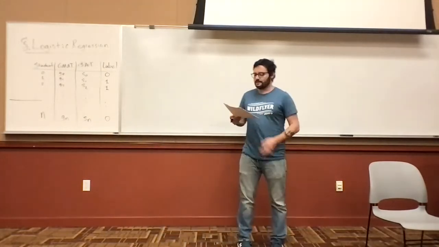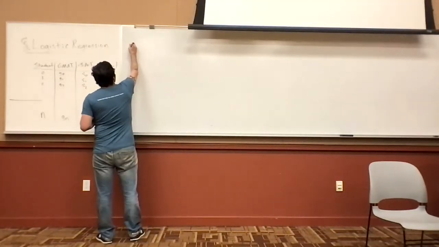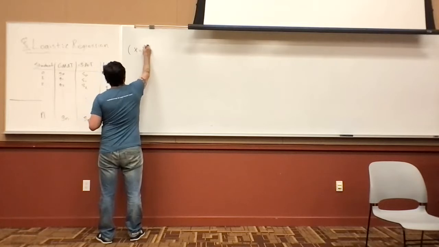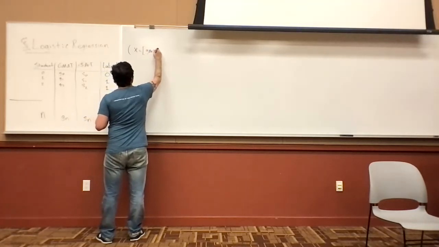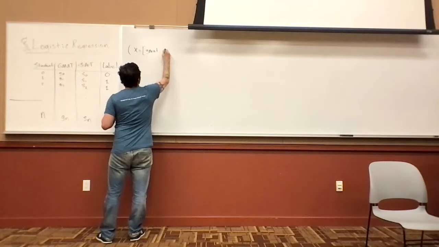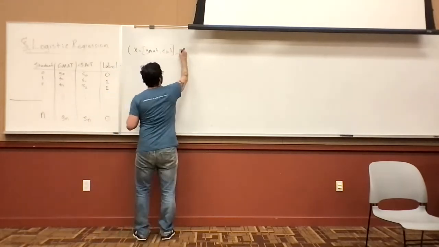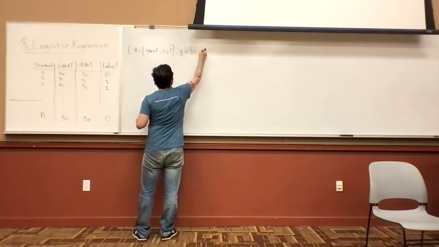Okay. So what does our data look like? Well, we have our feature vectors, which are GMAT and SAT, and then we have our labels y, which are just elements of the set {0, 1}.